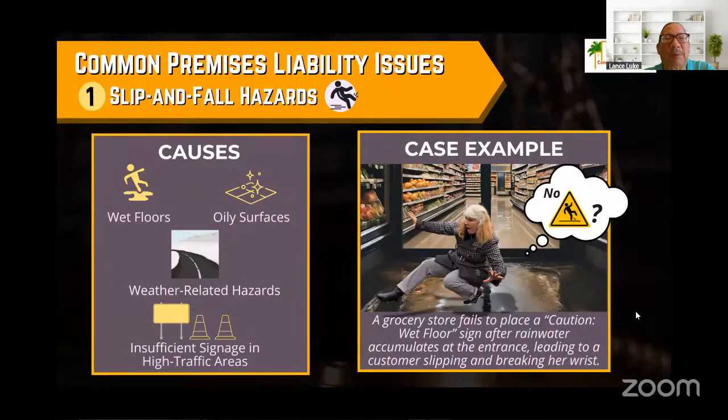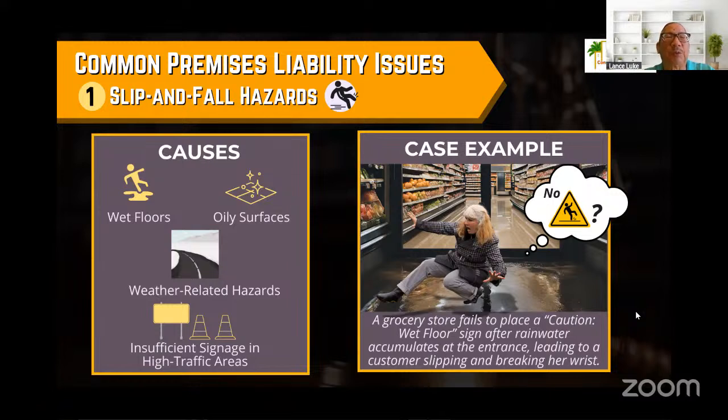Now we're talking about slip and fall hazards right now, common premises liability issues. What are the causes for a slip and fall condition? It could be a wet floor, either by a leak, a plumbing leak or roof leak, or a wet floor because somebody just mopped the floor, and too much water, or somebody spilled something on the floor.